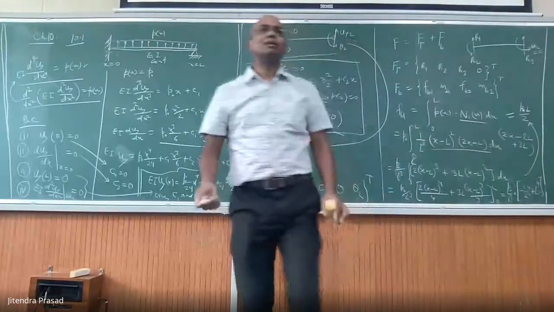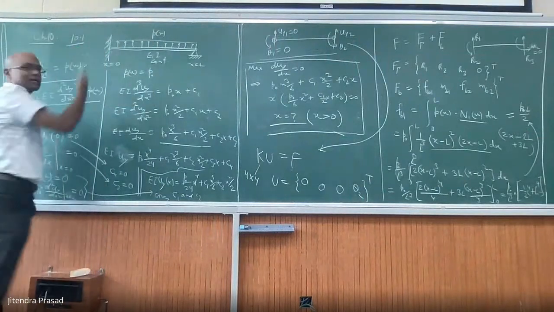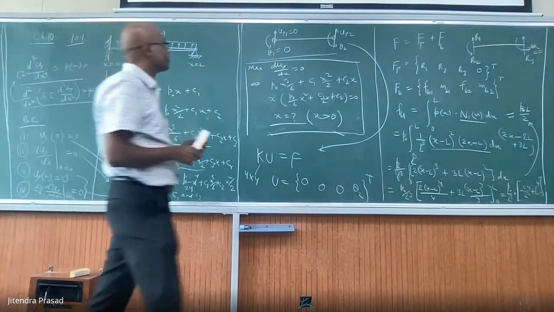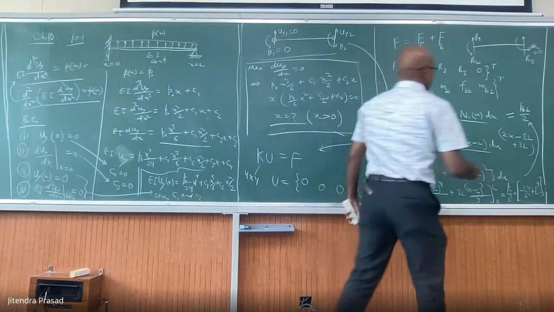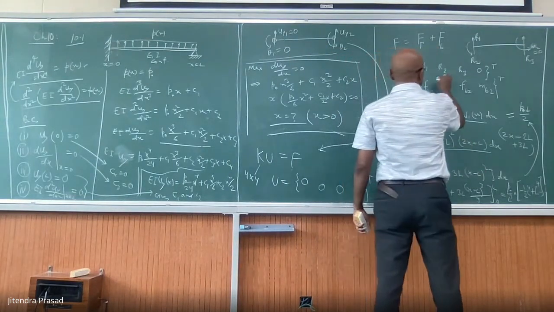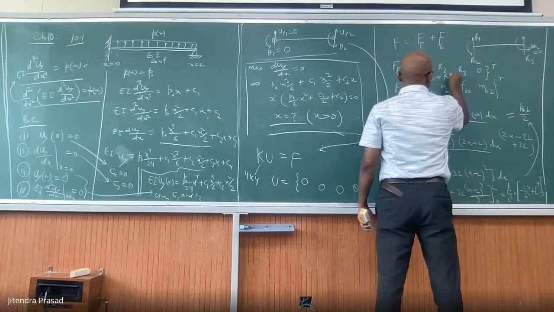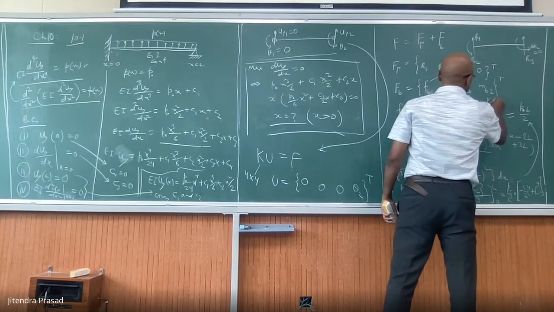So I was saying that what is that? Total force, half of it goes there. Simple as that. If half goes here, the other one also goes half. So you know that this guy is P naught L over 2, and this will be also P naught L over 2.